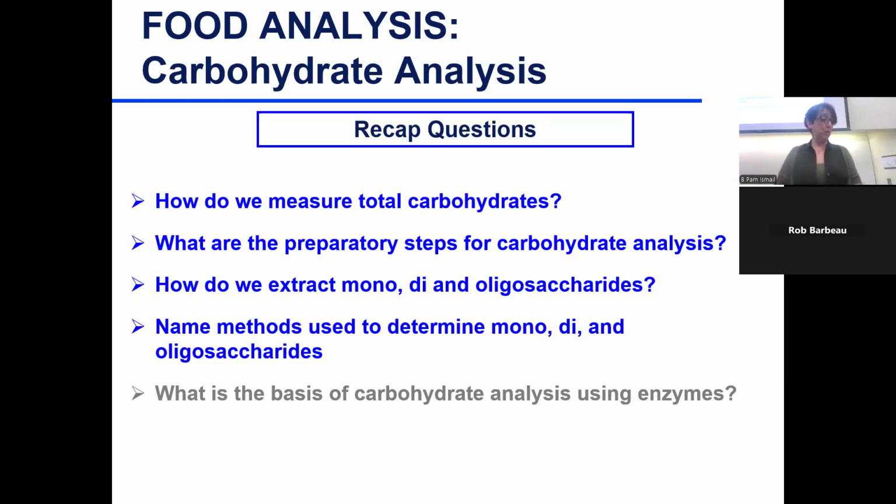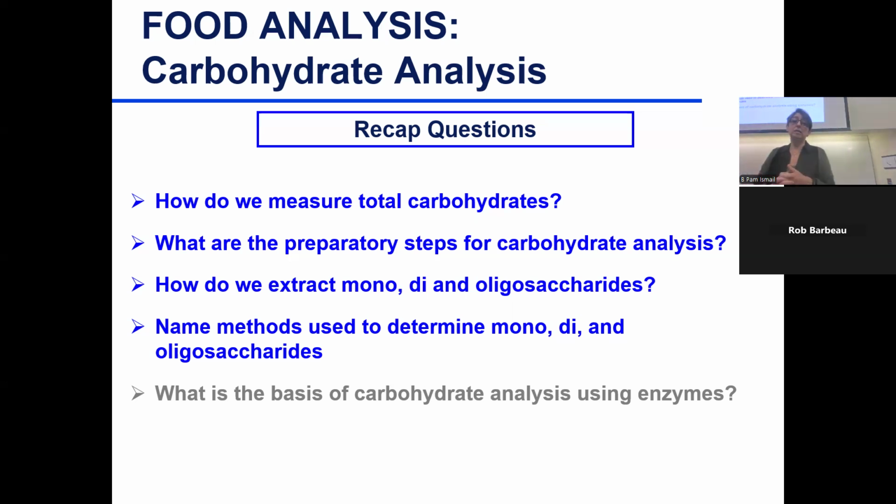Let's pick up where we left off. So, how do we measure total carbohydrates? Exactly. This is the method that you're doing in the lab this week.